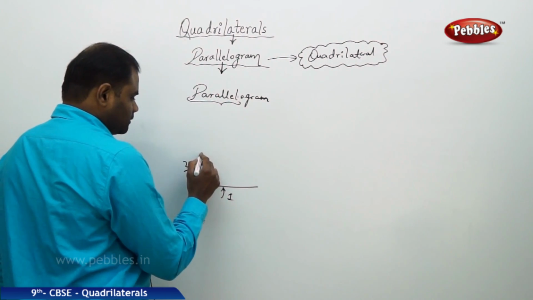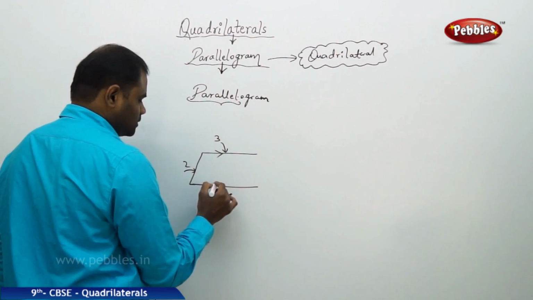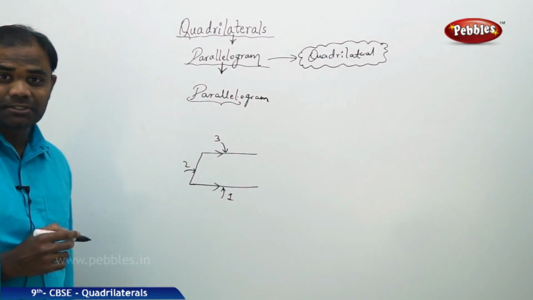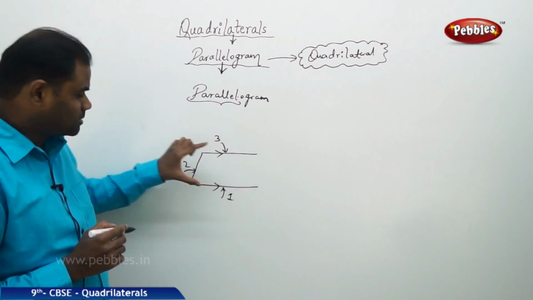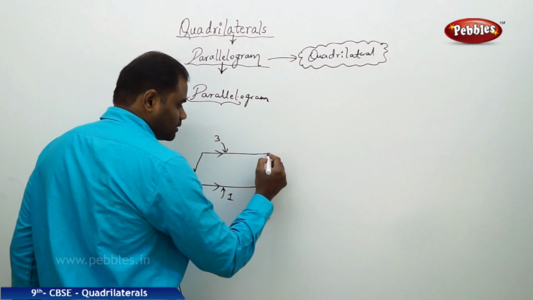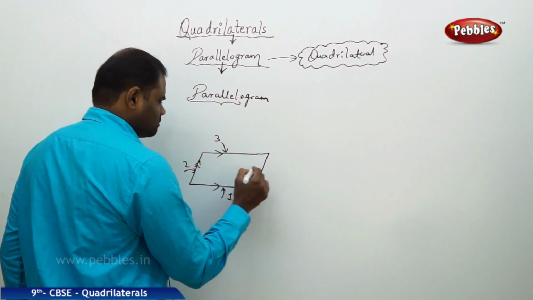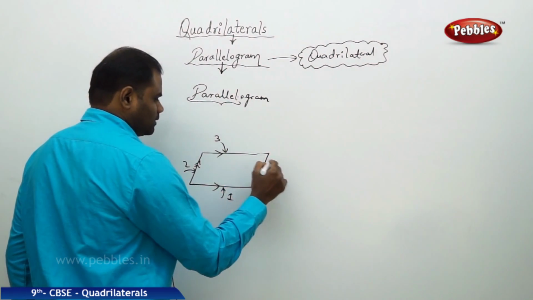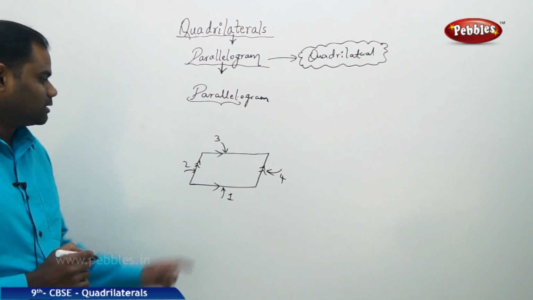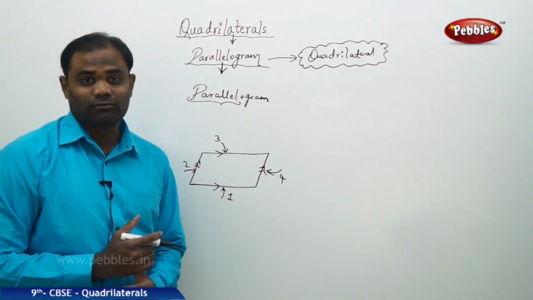The third line which I take must be parallel to the first line, and the fourth line which I take must be parallel to line 2. That means if I take this out here, then this must be parallel to this, is how we understand line 1 parallel to line 3 and line 2 parallel to line 4.